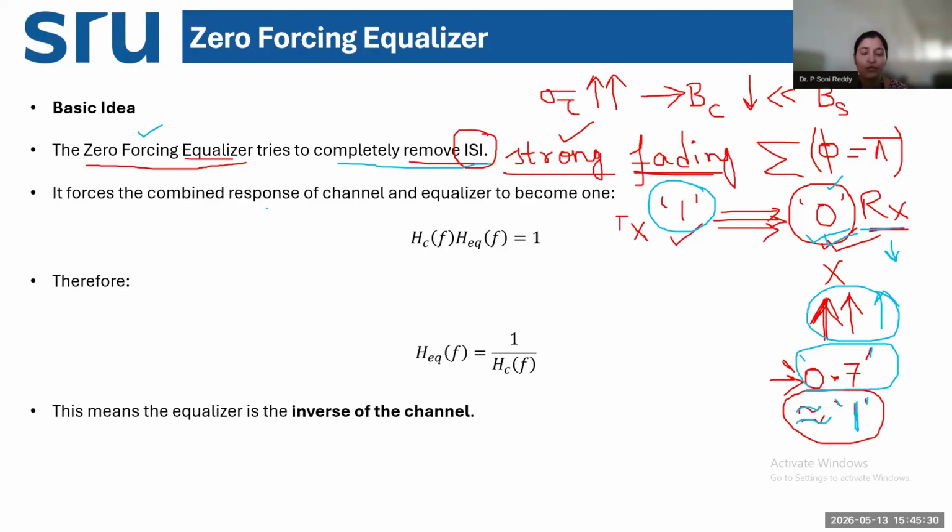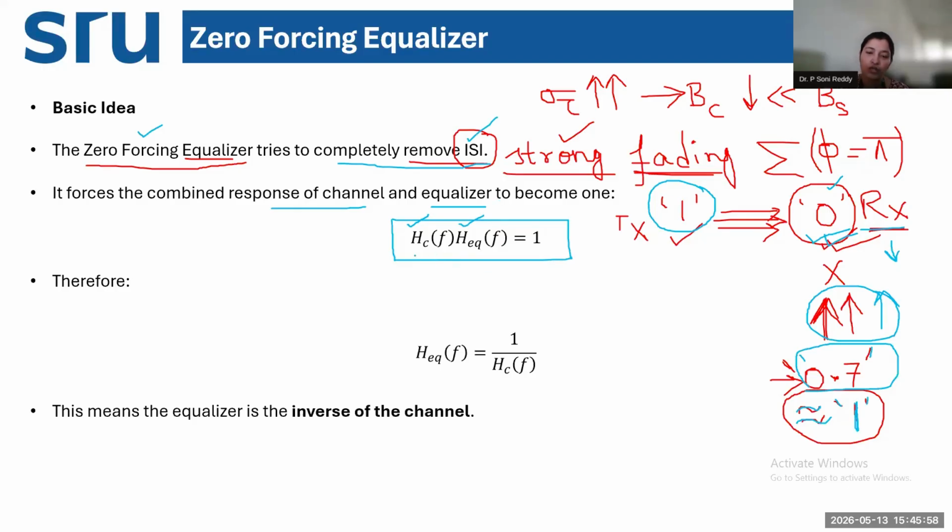Okay, so what should be the nature of the equalizer with respect to your channel characteristics? So the most important equation for this zero forcing equalizer is this equation. What is this equation? This equation relates the characteristics of the channel with the characteristics of the equalizer such that we can overcome this strong ISI.